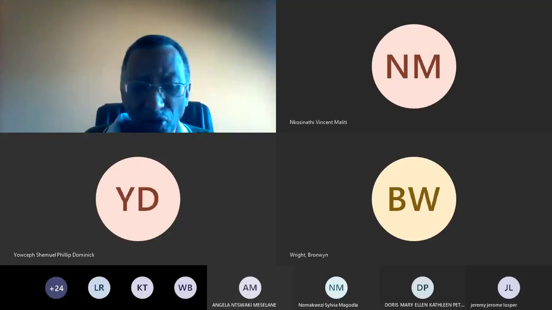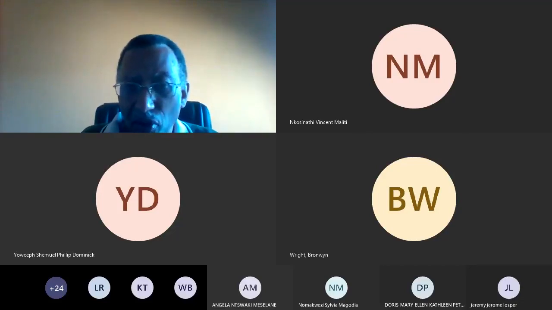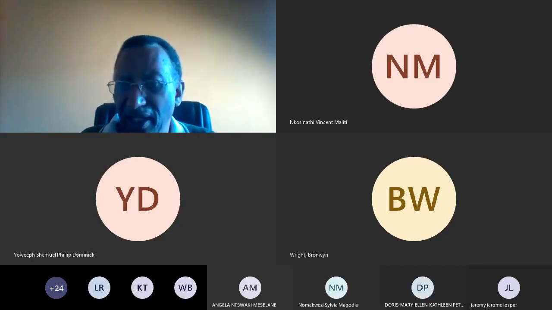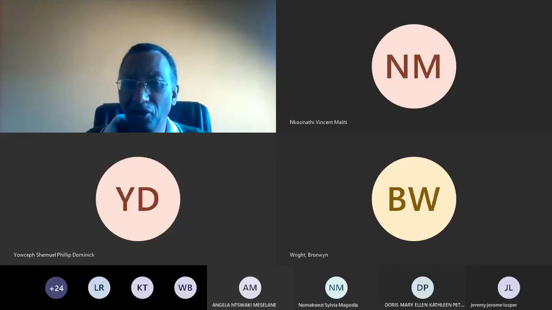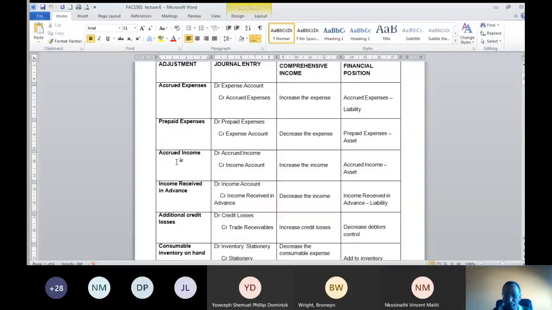An example of that would be if we have got a tenant that is supposed to pay us rent, but he did not pay for the month of December. Then he is still owing us the rental for the current month. For the current year, there will be 1 month rental that is still due to us. Whenever you come across such an adjustment, that falls under the category of accrued income.